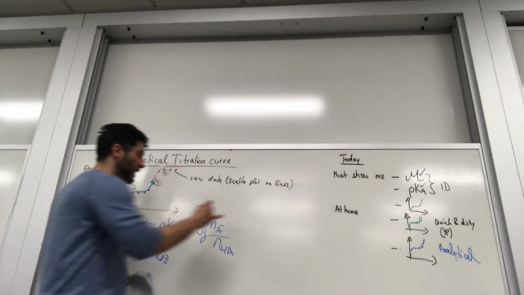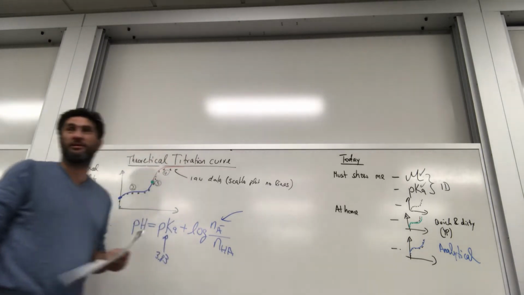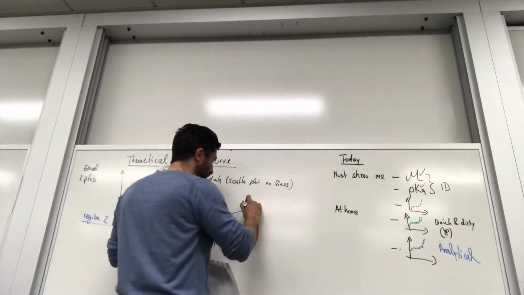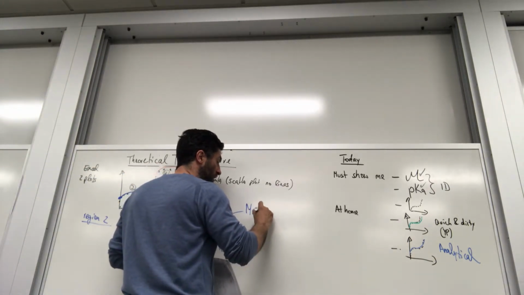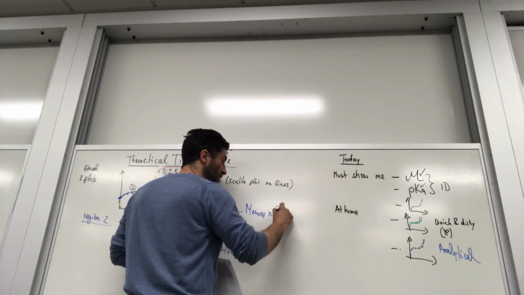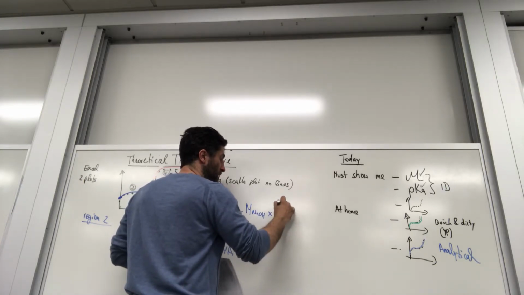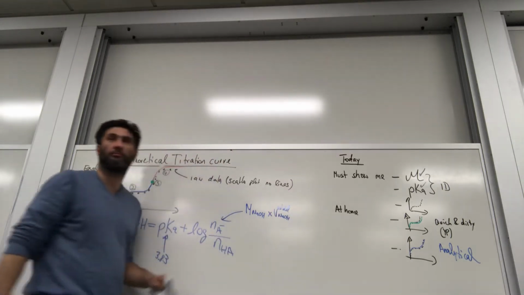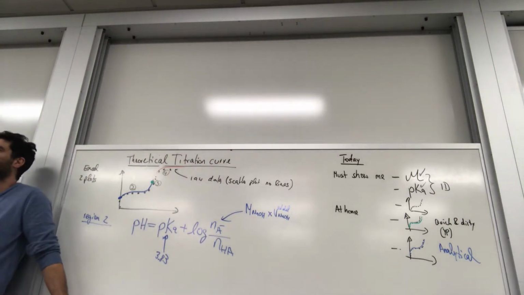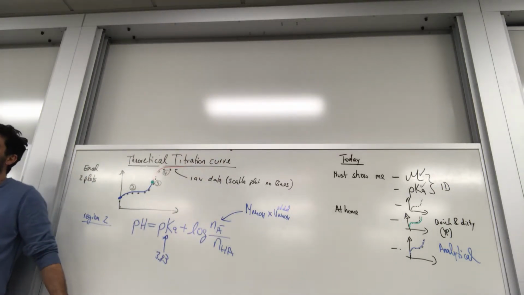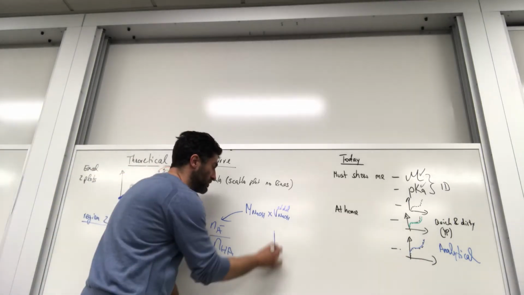Well, the moles of A minus is easy. That is equal to the molarity of NaOH times the volume of NaOH that you added. How do I do this in Excel? In Excel, I'm going to have two columns.